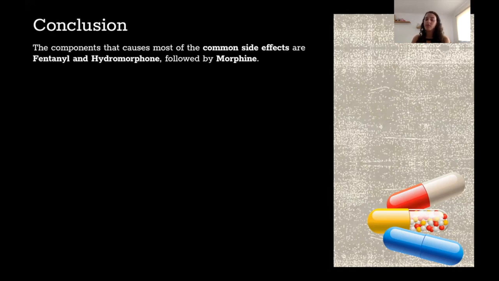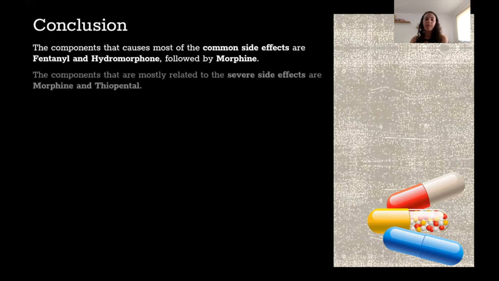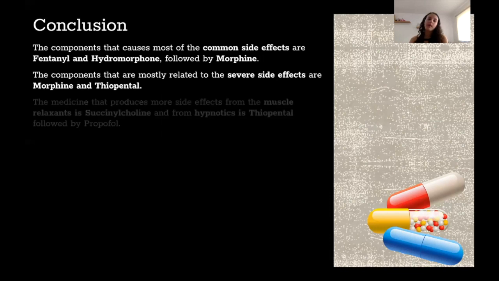So what I found out is that the components that cause most of the common side effects are fentanyl and hydromorphone, followed by morphine, and all of these are analgesics, the ones that help you not have pain. Then the ones that cause the most severe side effects were morphine and thiopental. That one is an analgesic and the other one is a hypnotic.